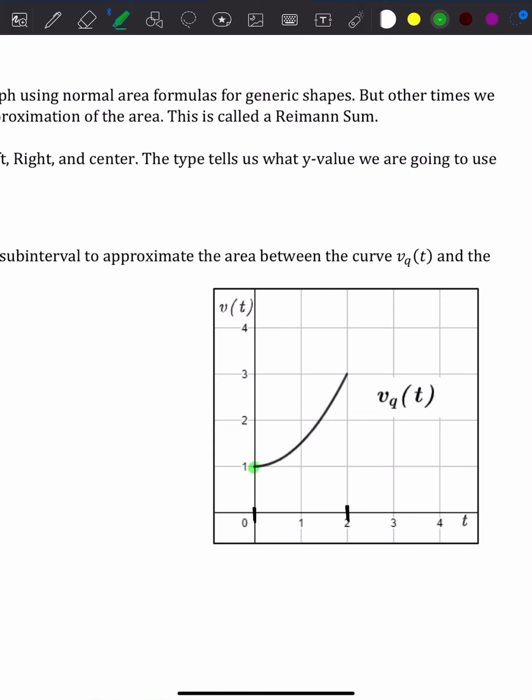So this right here is going to be our height. And more importantly, it's going to be our height for the entirety of our interval between 0 and 2. So the first rectangle we're going to be looking at is this rectangle right here.